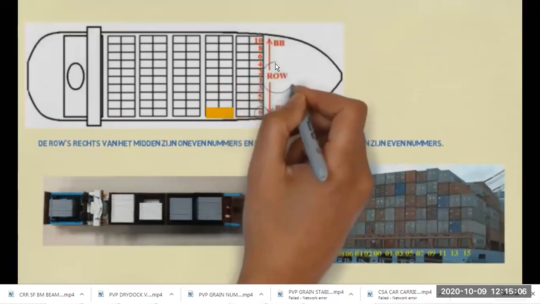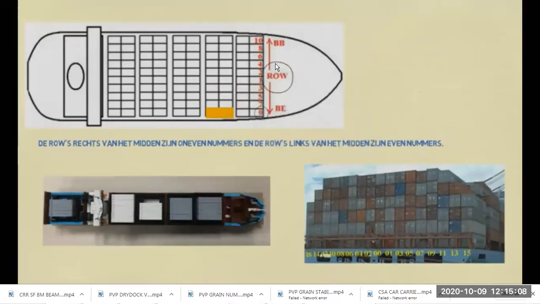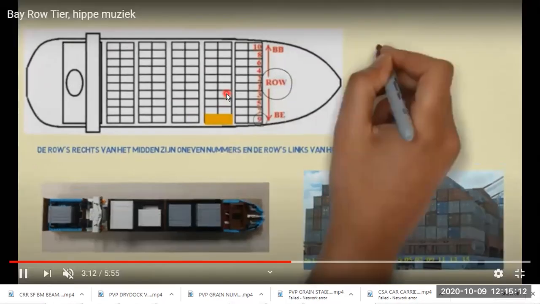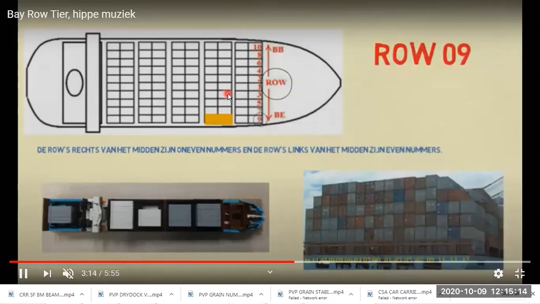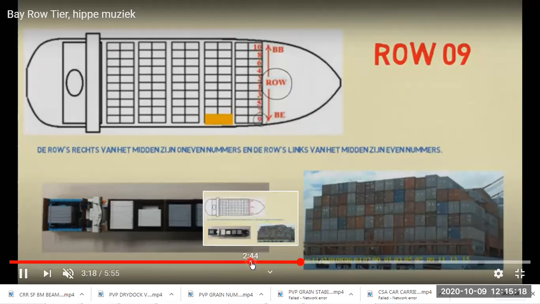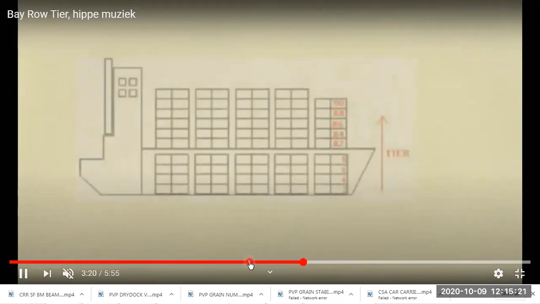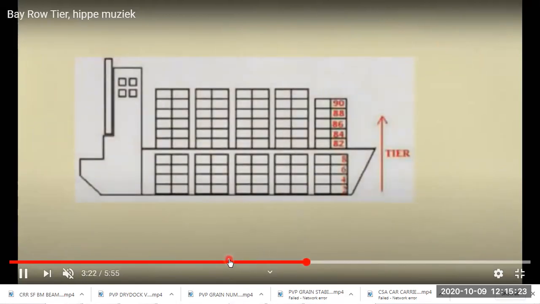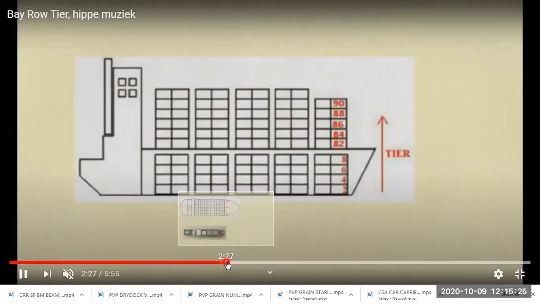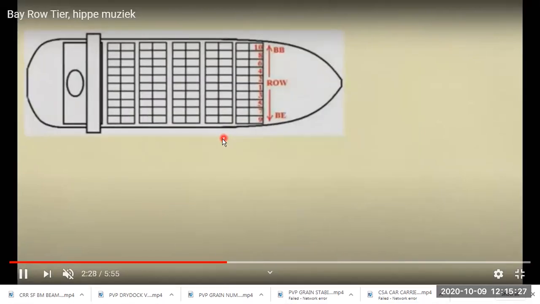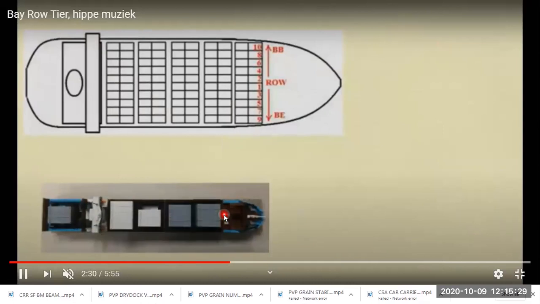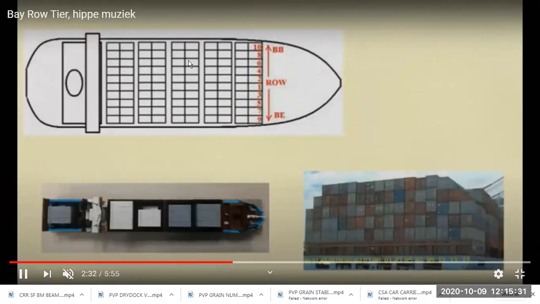So this is row 9, example for the container, and bay number is, we saw 06 from the last example. You see here. From this example, we saw that our container is from 6th bay.